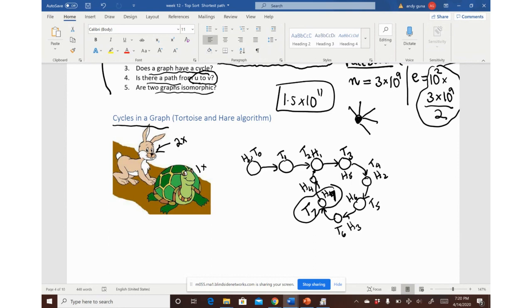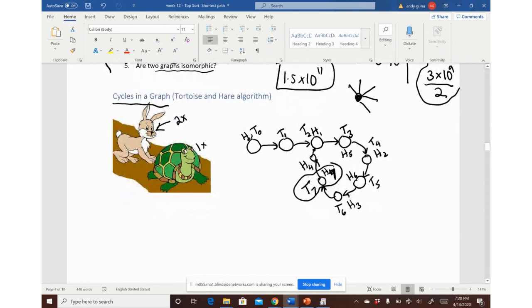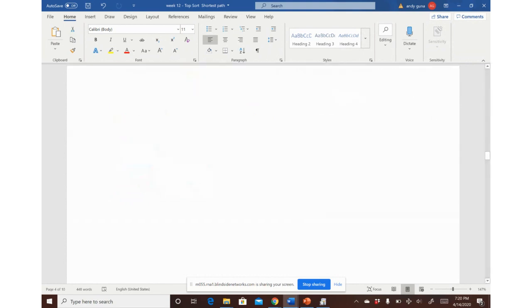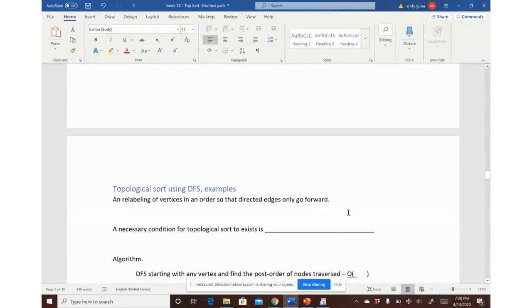But there could be mathematical properties of the number of nodes in the cycle to determine things more mathematically, even without running anything. You could use DFS, which is the right algorithm because DFS takes you through the graph. So you want to use DFS for the cycle-finding algorithm.